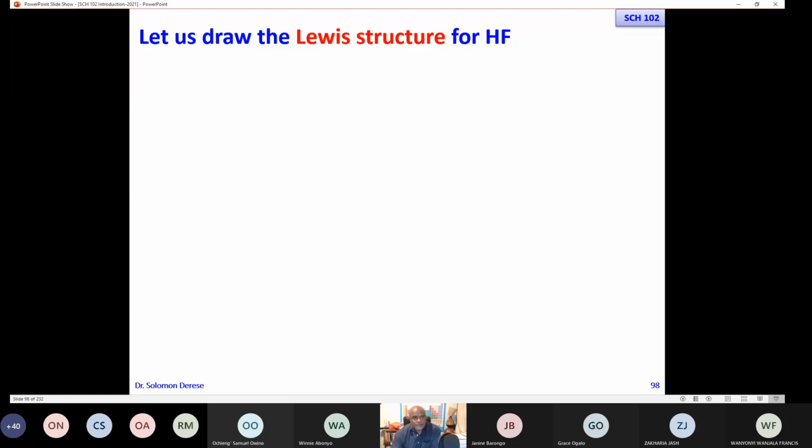In the previous class, we started to study drawing the Lewis structure of molecules. When drawing the Lewis structure of a molecule, we follow three basic rules.